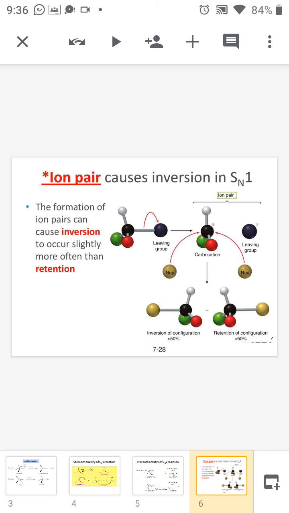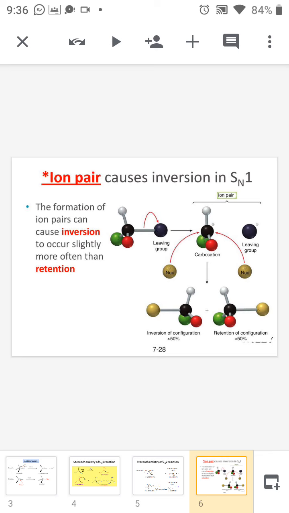And we will get retention of the configuration and sometimes inversion of the configuration will occur. This is mainly due to the nucleophile attacking the carbocation in an ion pair. See here, the carbocation and leaving group exist as a pair, and the nucleophile can attack the carbocation either from the left side or from the right side.